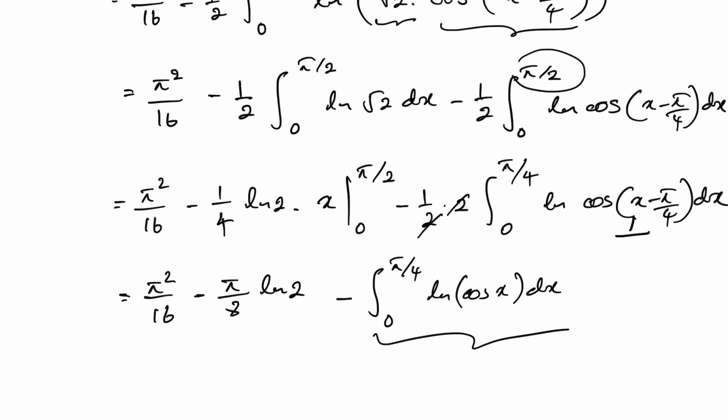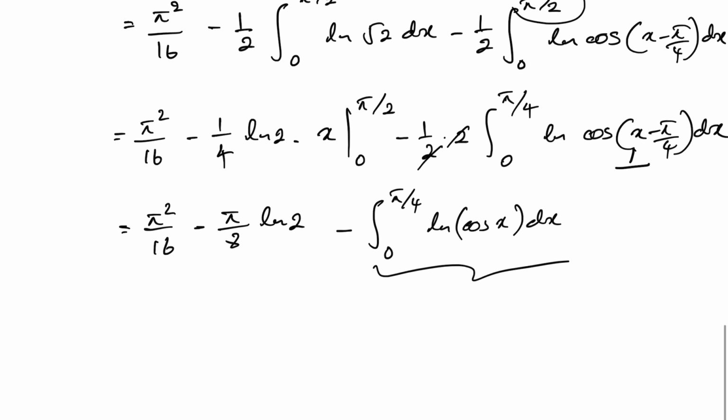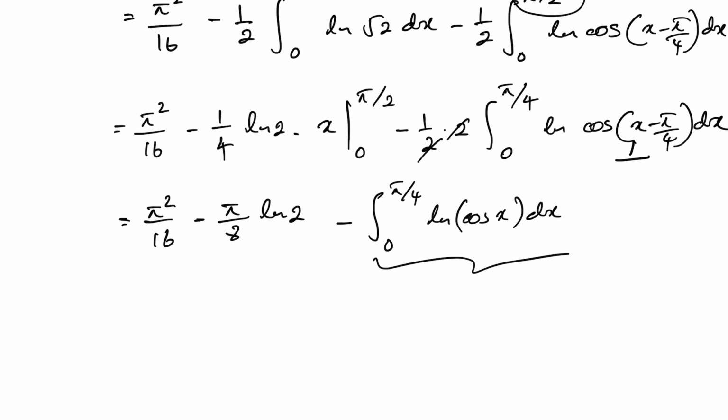Well, I think now this one is familiar to us because I saw it so many times, 3 or 4 times, and used various methods to solve this integral. So we know the answer of this integral: G over 2, where G is Catalan's constant, G over 2 minus pi over 4 natural log of 2.